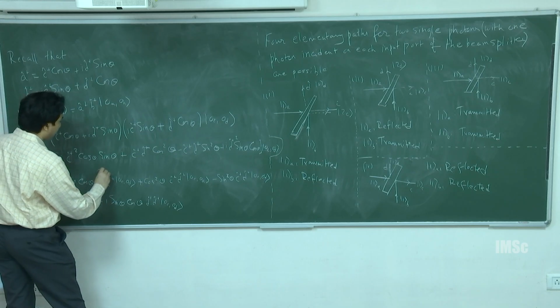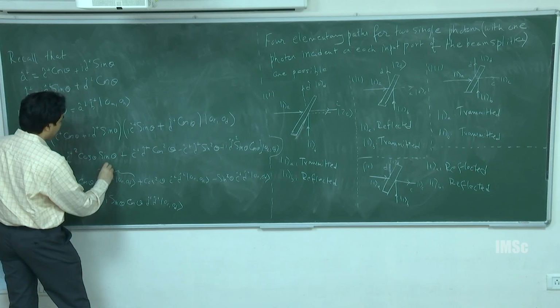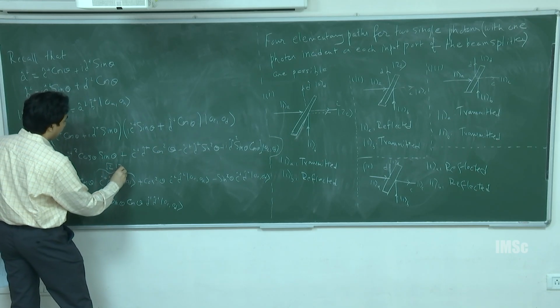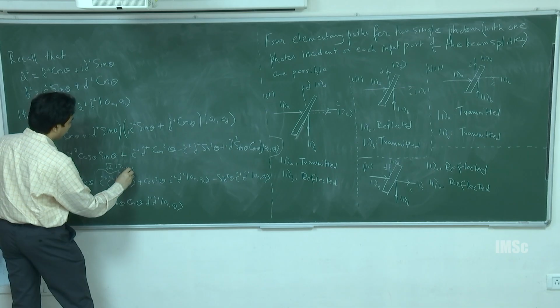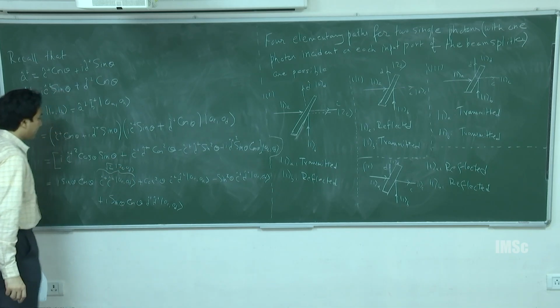So what is this one? Square root of 2 times, right.